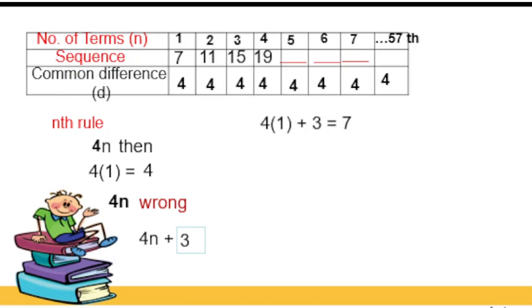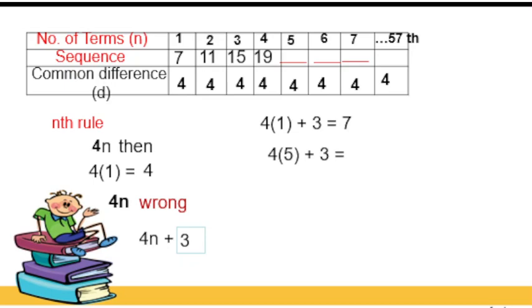Okay, now to check. 4 times 1 is 4 plus 3 is 7. So we are able to satisfy the first term. How about the second term? If n is 2, 4 times 2 is 8 plus 3 is 11. For the third term, 4 times 3 is 12 plus 3 is 15. For the fourth term, 4 times 4 is 16 plus 3 is 19.